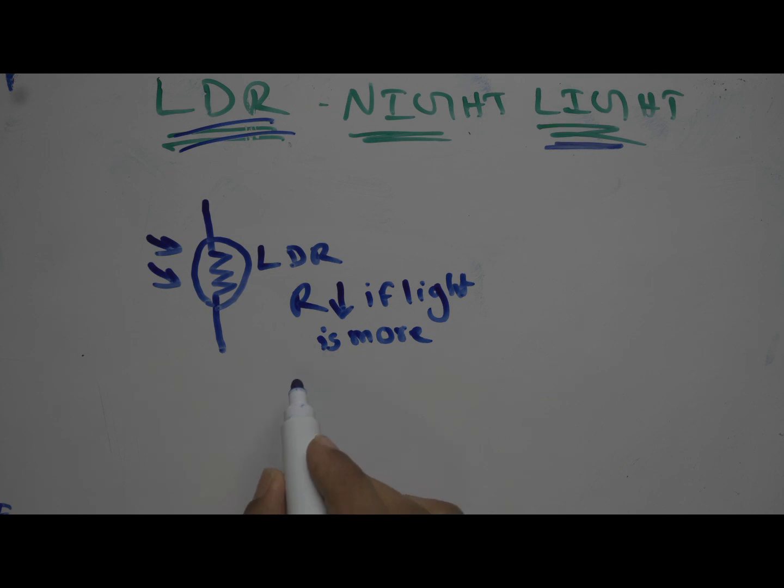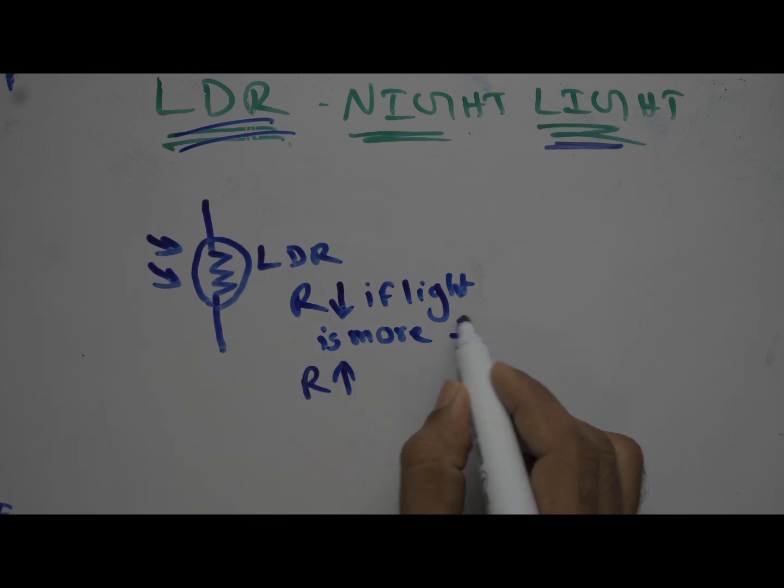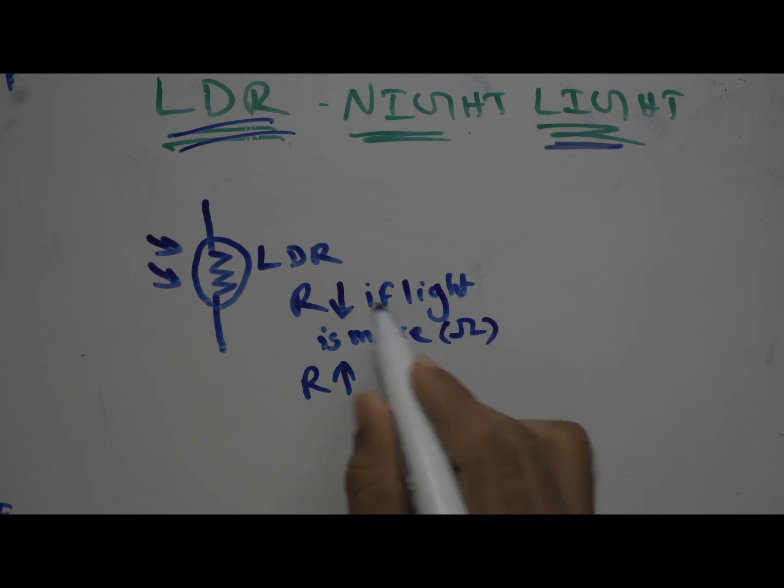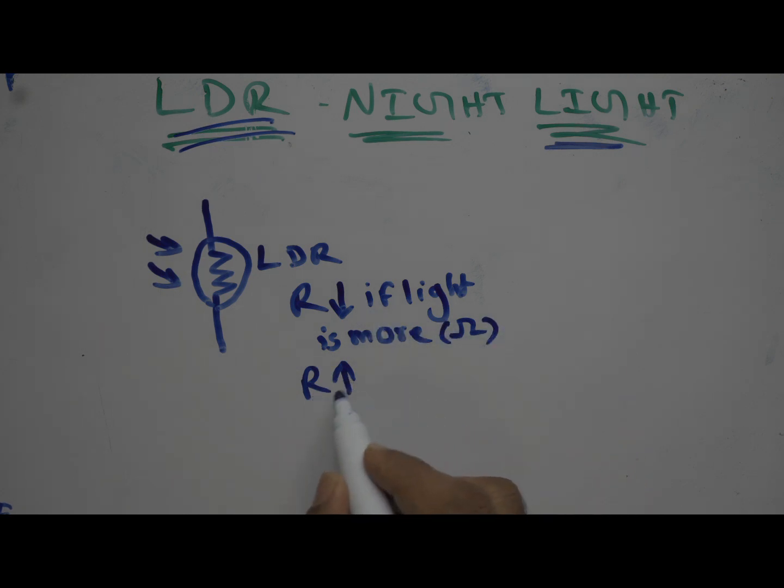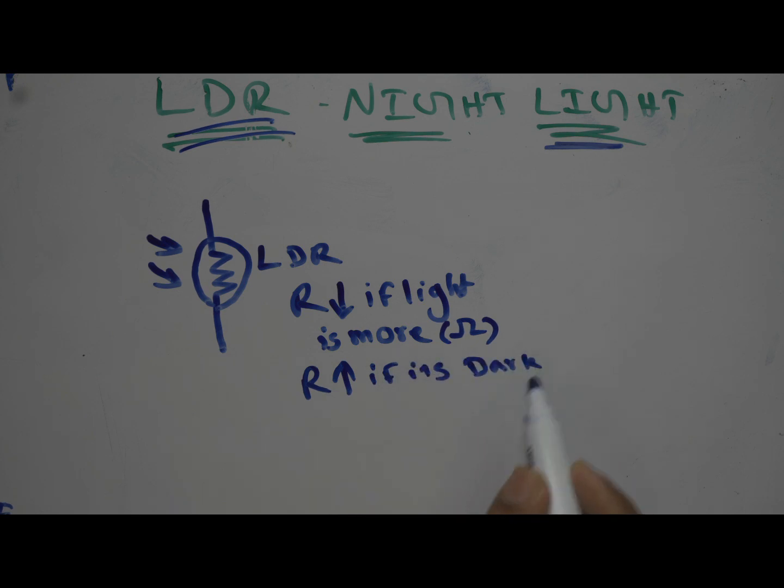And the resistance will increase. It will be in the order of only ohms when there is more light, and the resistance will increase if it's dark, and it will be in the order of mega ohms when there is no light at all.